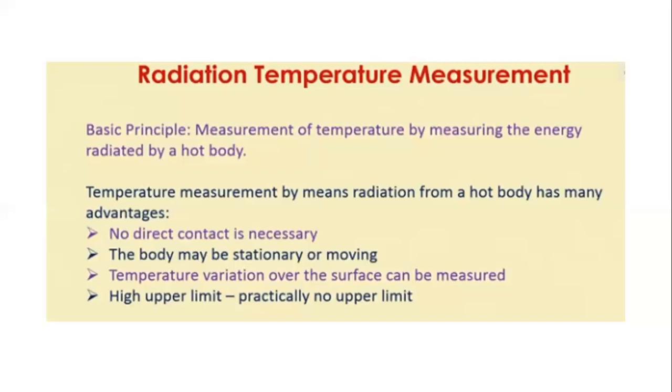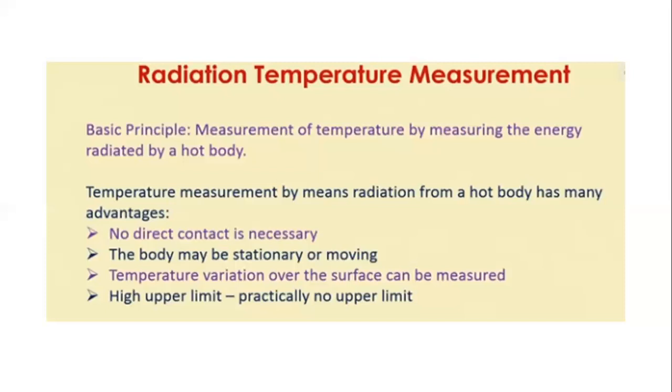That means a body with a temperature above 650 degrees Celsius can emit heat radiation due to its temperature.